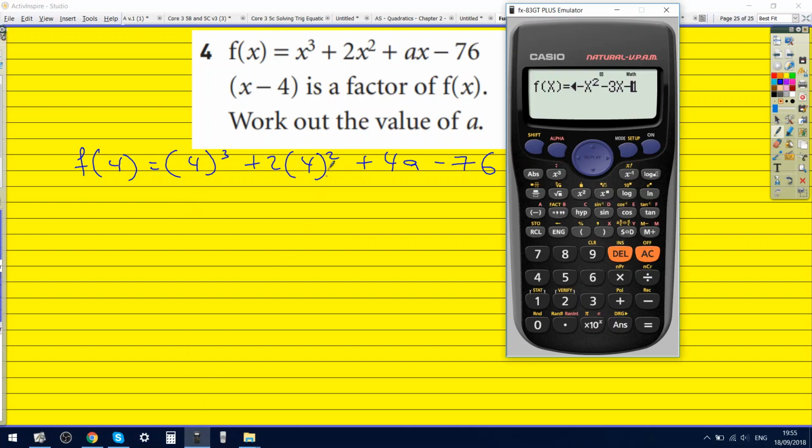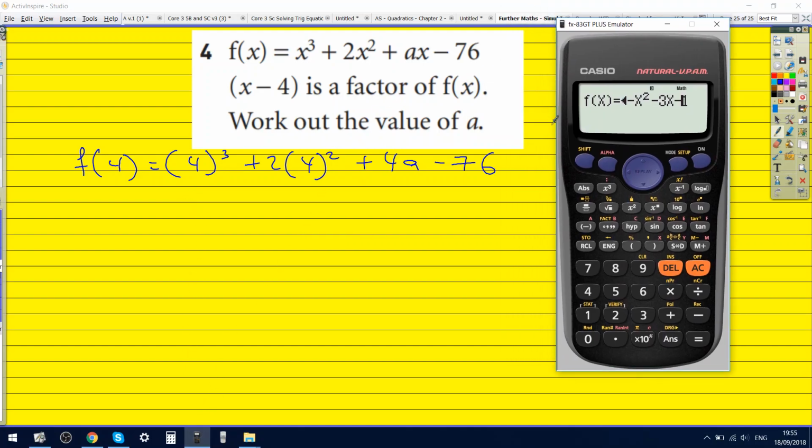And so I believe it's the calculator. Mode, comp, and then okay.